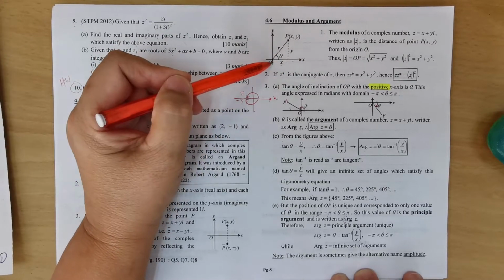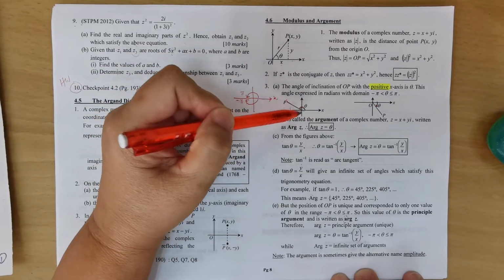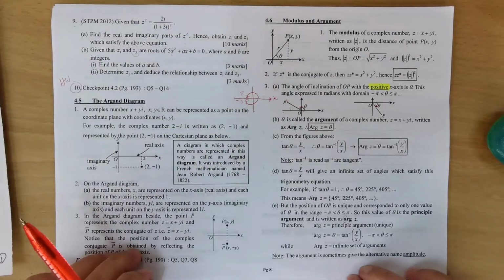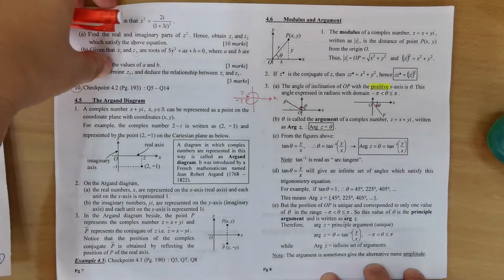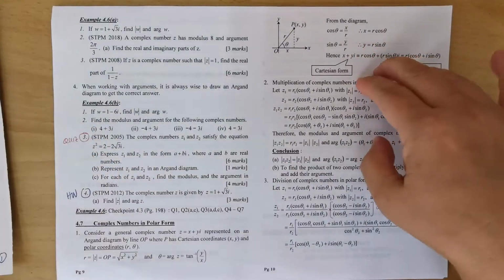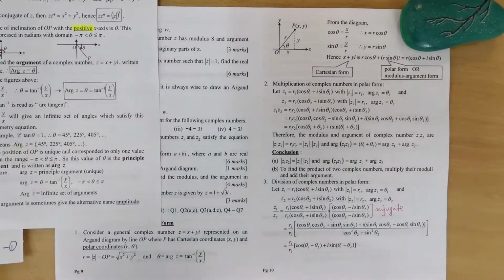It must be the positive x-axis. For example, this is a good example: positive x-axis and line OP. Not this one, this is the negative x-axis already. Okay, let's see some examples related to modulus and argument.